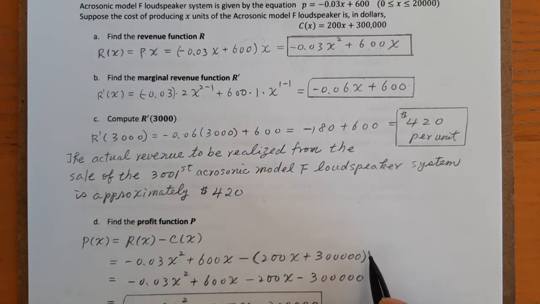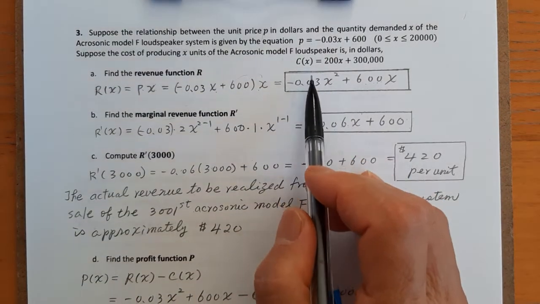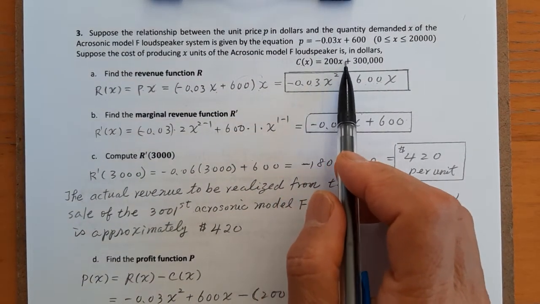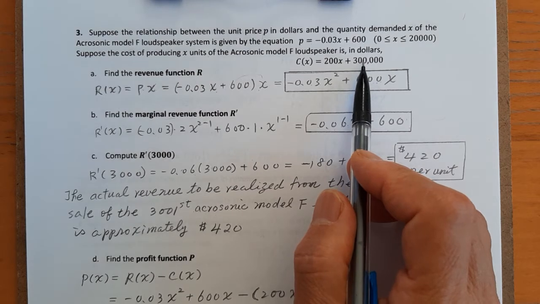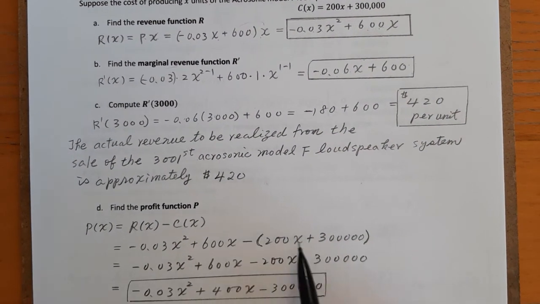We put parentheses here. Cost is given in the question, C of x is 200x plus 300,000. So plug it in. This is revenue, this is cost, subtraction. Remove the parentheses, plus changes to minus.